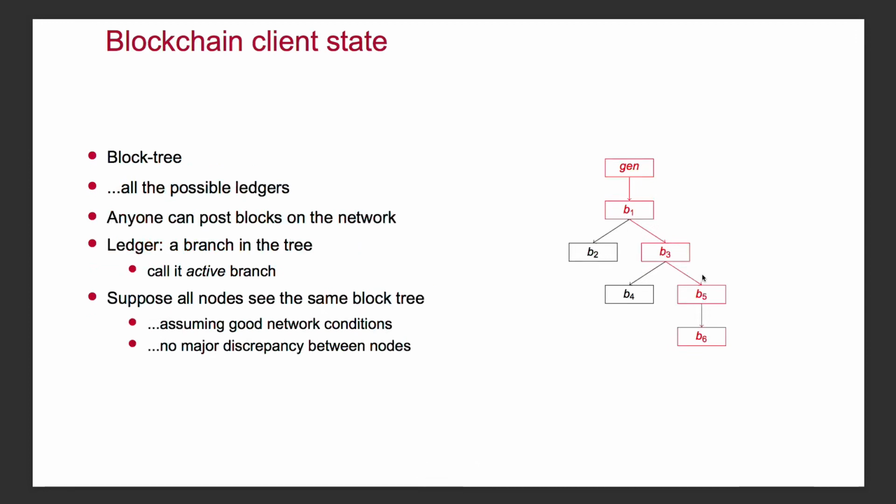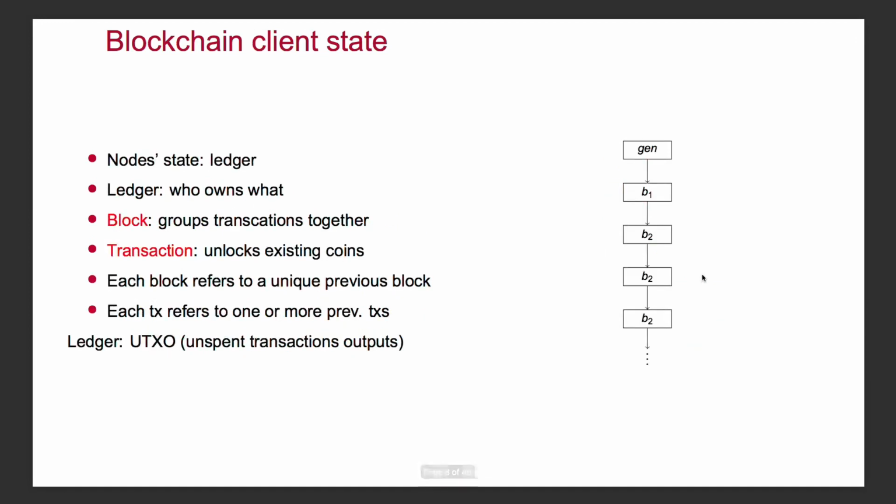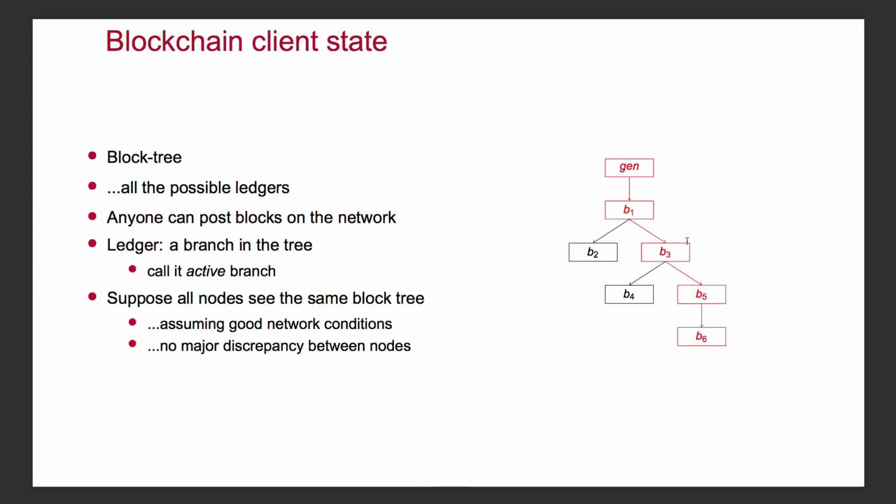Now, since everyone can post blocks on this network, there is nothing to enforce that the blockchain will look like a line in this picture. In fact, participants can post blocks and have multiple blocks pointing to one previous block. So nodes actually keep a block tree, not just a blockchain.